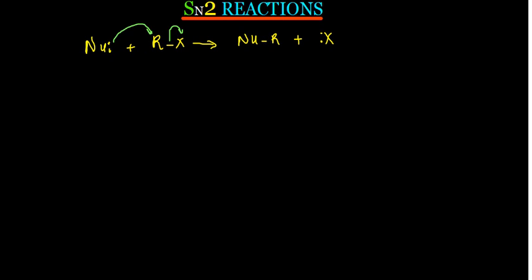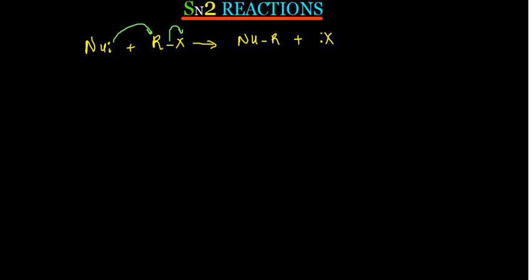It only involves a single step where the nucleophile attacks the alkyl halide. The nucleophile is always going to attack the alkyl halide 180 degrees from where the halogen is, meaning there's no way the nucleophile is going to attack in the direction where the halogen is.